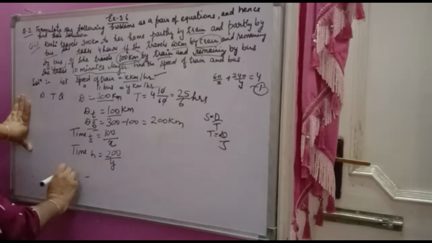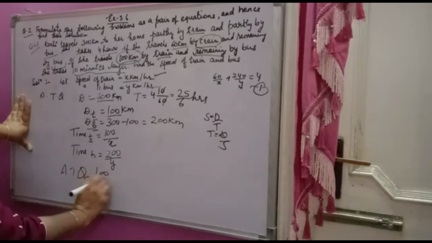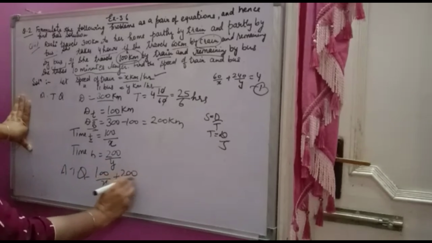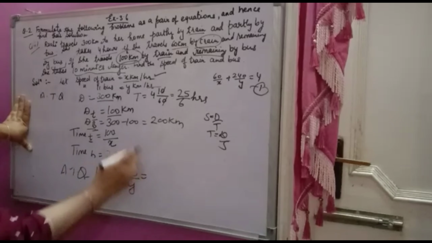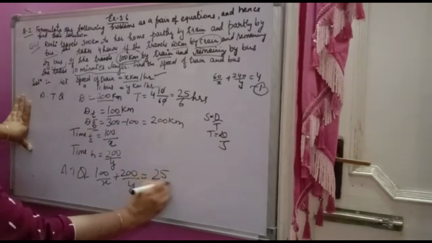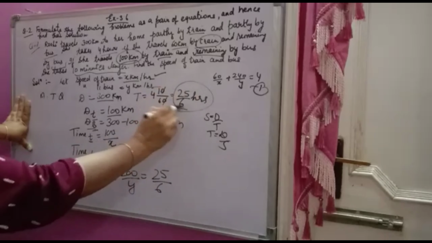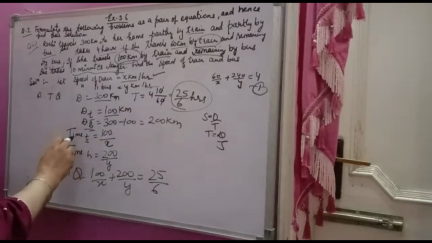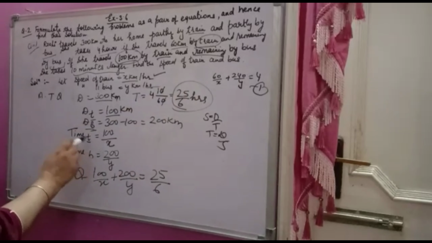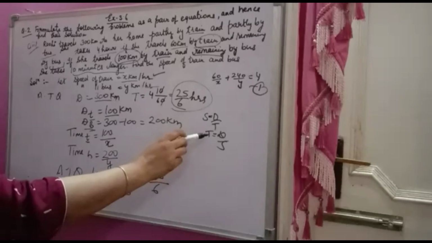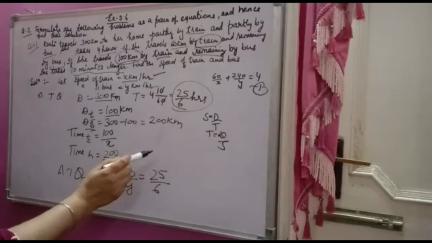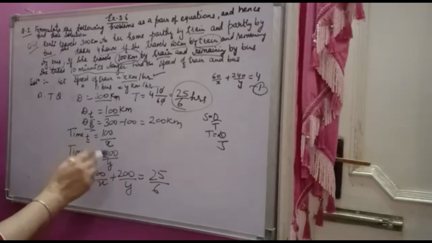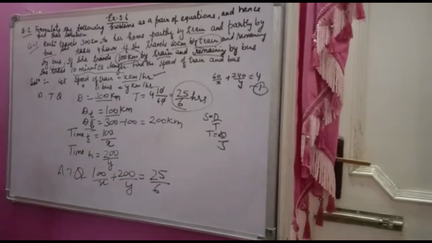So according to the question, 100 over x plus 200 over y is equal to 25 by 6. Because time is given in both cases, you have to use the formula time is equal to distance over speed. I hope up to this you have understood. Now note down and I will solve further.